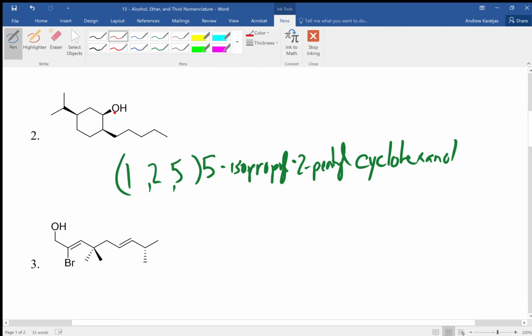At carbon 1, the alcohol gets higher priority than the carbon groups. And then the carbon down below is higher priority than the one to the left because of the extra substituent. So that's 1R.